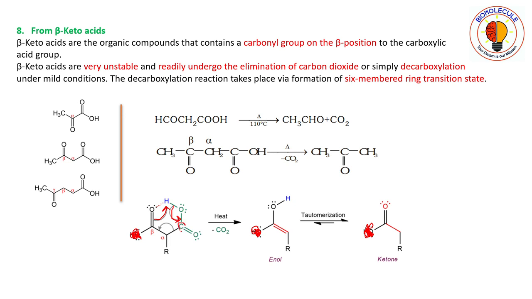Now this carbon becomes pentavalent, so to maintain its tetravalency, that is to remain stable, it breaks the bond between the carboxylic carbon and the alpha carbon, and the bonded pair of electrons shifts between the alpha carbon and beta carbon.